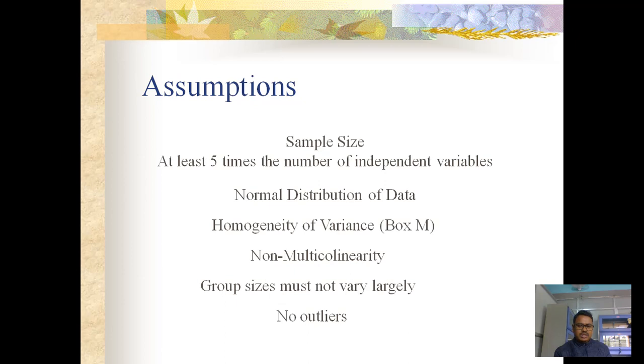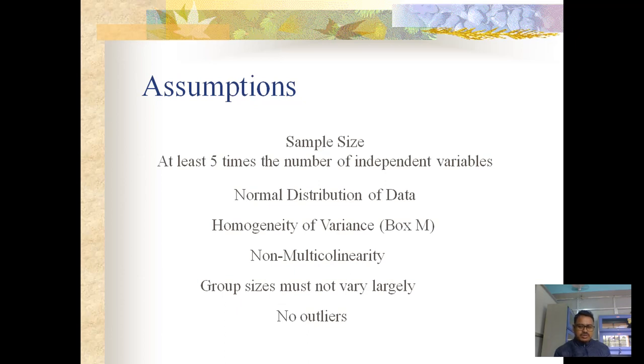Also, non-multicollinearity means we must not have high correlation between the independent variables. Multicollinearity means having very high correlation among the independent variables, so it should not exceed 0.8.